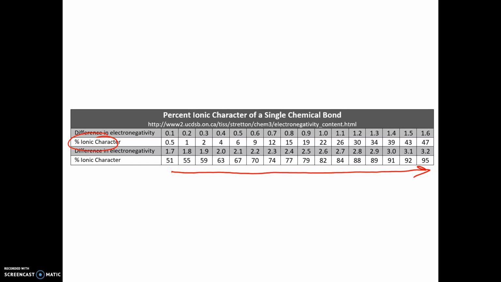So we've gone from 51% with a difference of 1.7 all the way up to a difference of 3.2, which is very large, and now we have a 95% ionic character, meaning that 95% of that bond is showing an ionic character.